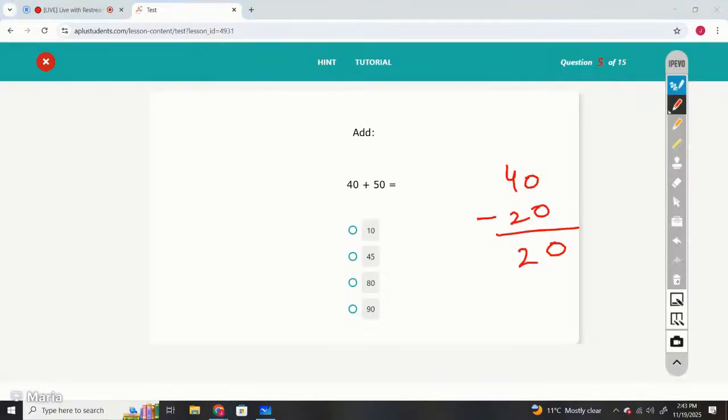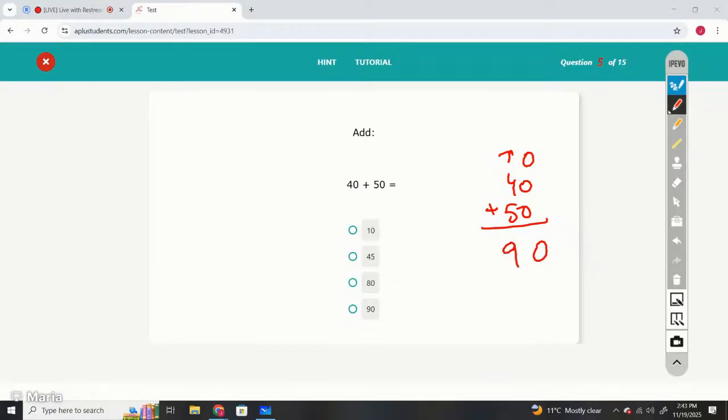40 plus 50. So just add. Start adding from the ones digit. So 0 plus 0 is 0. Now add the tens. So 5 plus 4 is 9.